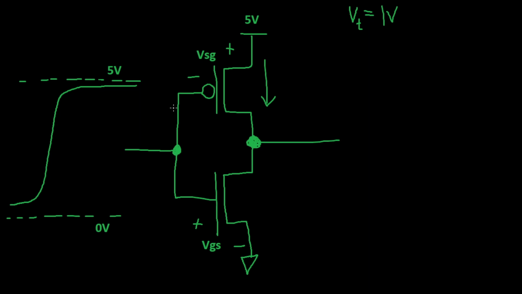Now, if the input is 4 volts, that means that this device has just started to turn on. When we look at the PFET, it has 4 volts for VSG. That also means that it's turned on, and in fact, it's turned on quite a bit. So current is going to be allowed to flow through this as well.